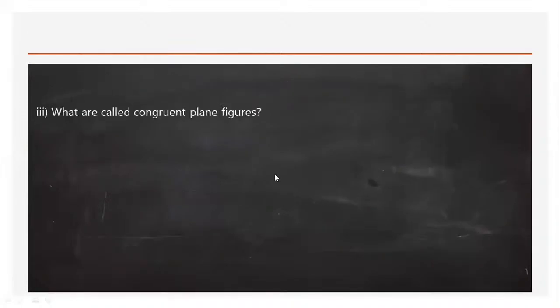Next one, what are called congruent plane figures? A pair of plane figures which may be made to coincide is called a pair of congruent plane figures.